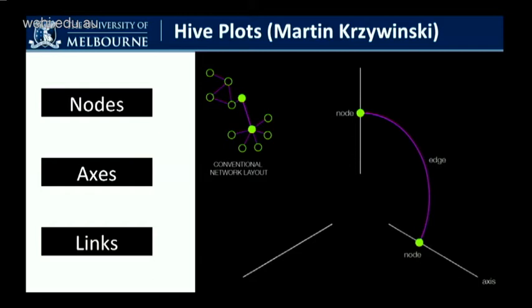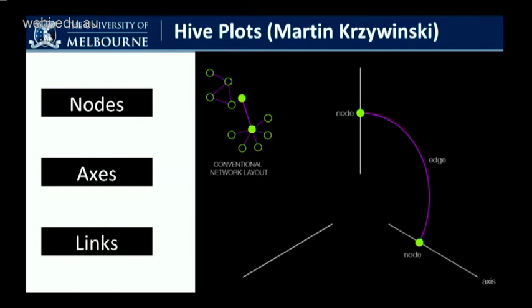But the key thing that's going on in a hive plot is to restrict the nodes in the visualization to fall along particular axes. So every node in the representation, rather than just being spread around like in a force-directed layout, is constrained to be on some axis. And then the links between them, of course, are the edges, or the links between nodes along the axes.